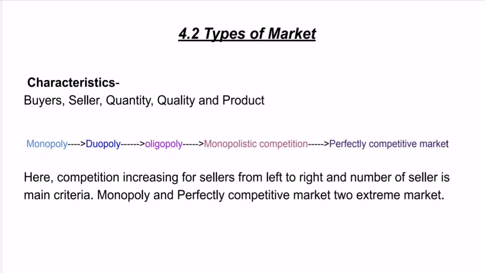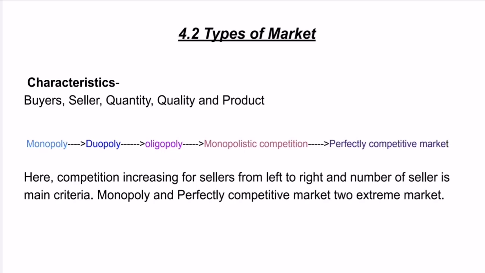Duopoly, oligopoly and monopolistic competition are placed in between, where the number of sellers increases gradually. We can show many other markets, but we will be discussing only these for today's presentation.